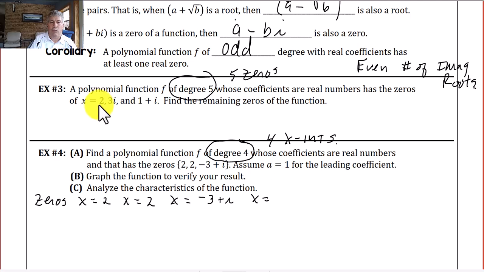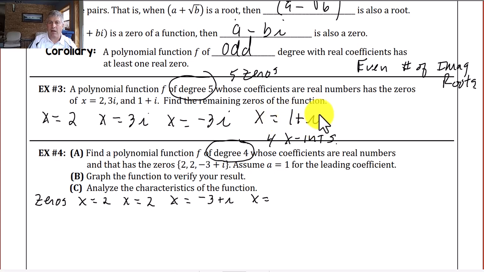Well, x equals 2 is one of the zeros. 3i is 1, but it comes as a conjugate pair. So our zeros are x equals 2, x equals 3i, but x could also equal minus 3i. And yes, you could write that plus or minus 3i. They give us x equals 1 plus i, and its conjugate pair is x equals 1 minus i.